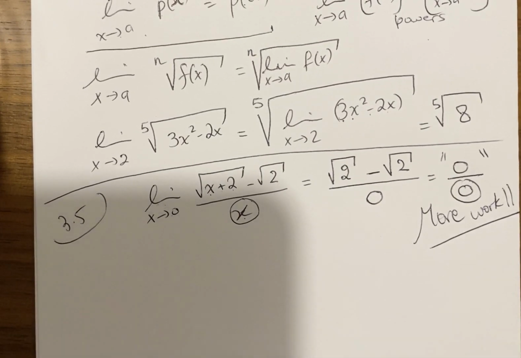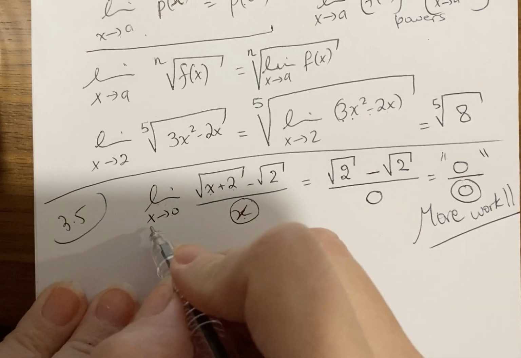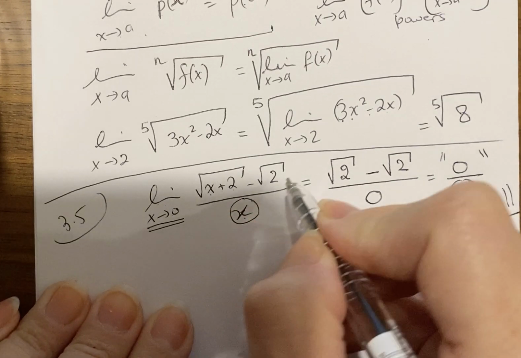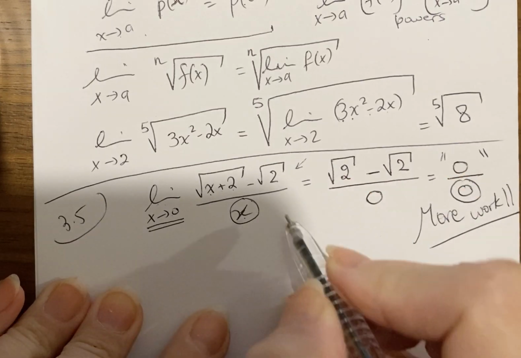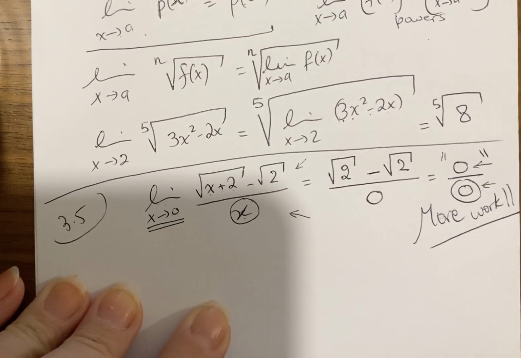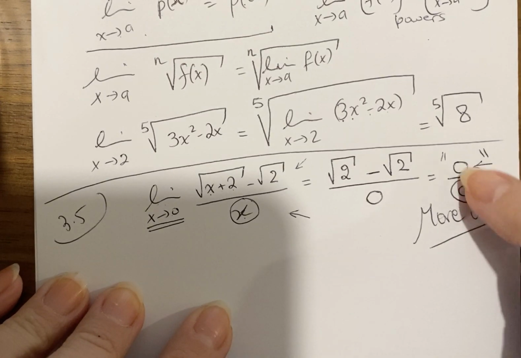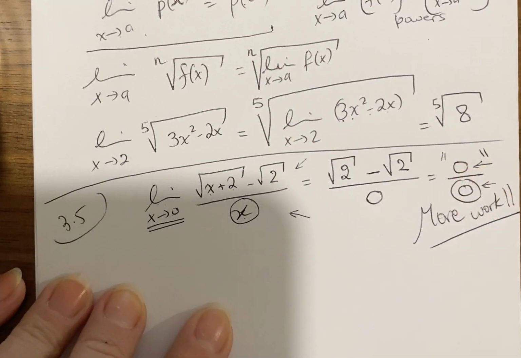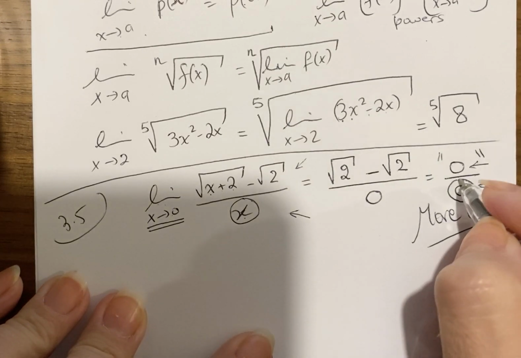Again, if you remember how our approach is, you should know what to do. Our approach is we substituted 0 in the upper part and we substituted 0 in the lower part. Both of them gave us 0. See, the trick here is the fact that we get 0 over 0. The trick is not the 0 in the denominator.